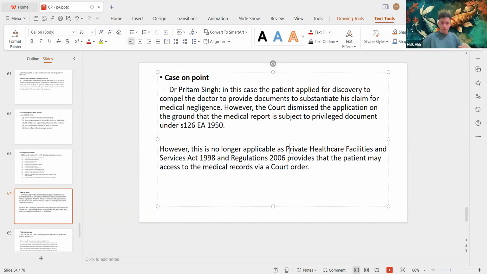However, under this statute and regulation, it is no longer privileged. So hopefully, if this year the question asks about the privileged document for the medical record, at least you can cite this case name saying that the court held that it's a privileged document. But as long as you can memorize until here, it's enough already.